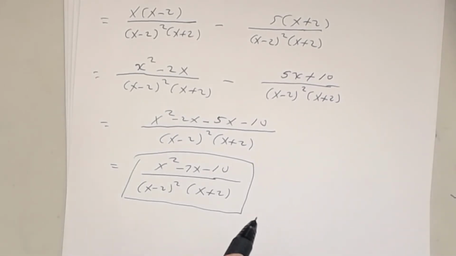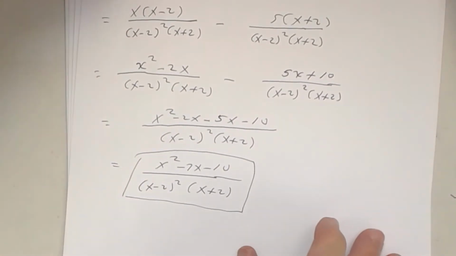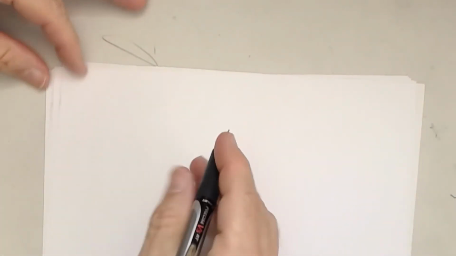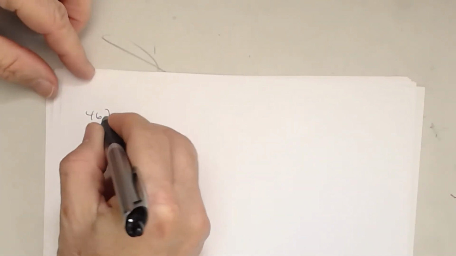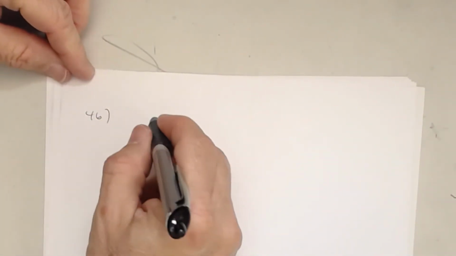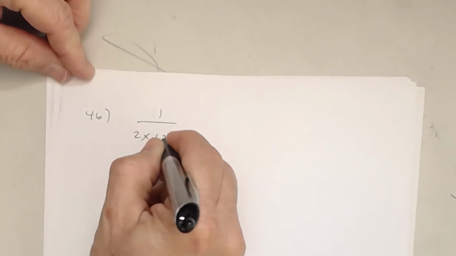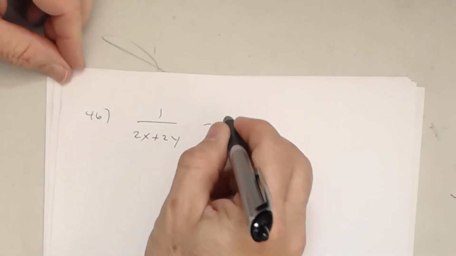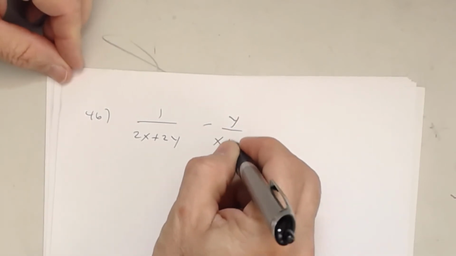All right, let's look at number 50. Well, actually, let's do 46 next. 46. All right, you have 1 divided by 2x plus 2y, subtract y divided by x plus y.